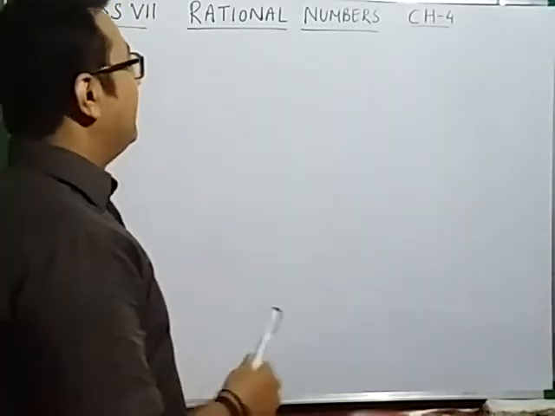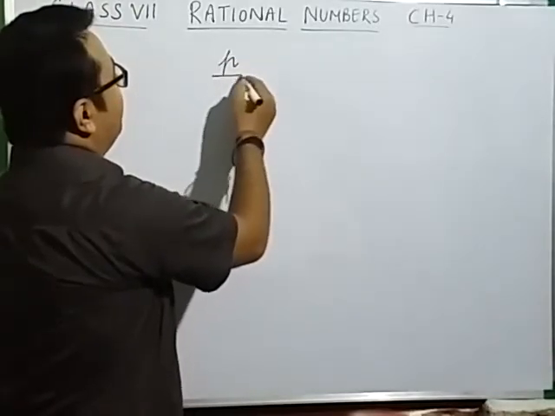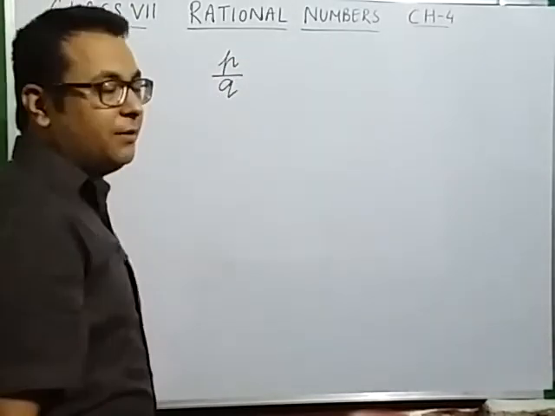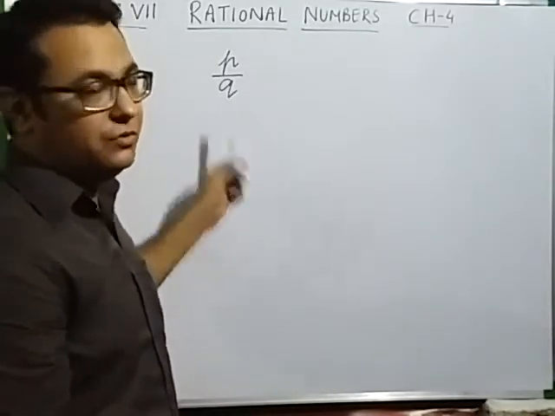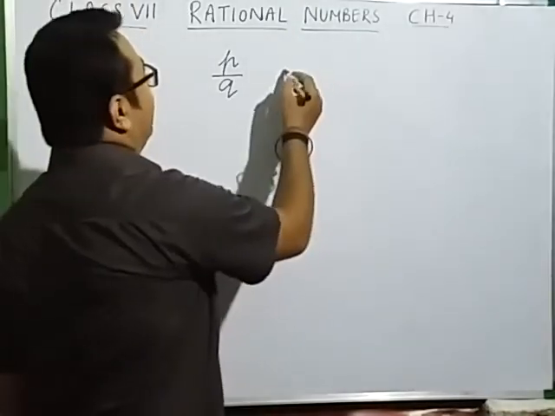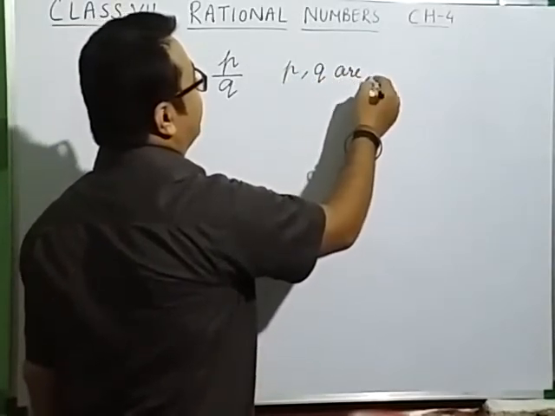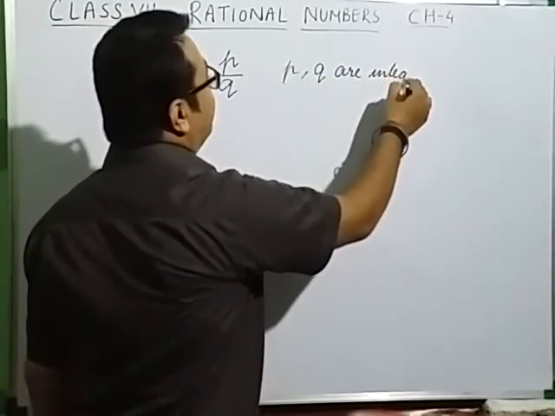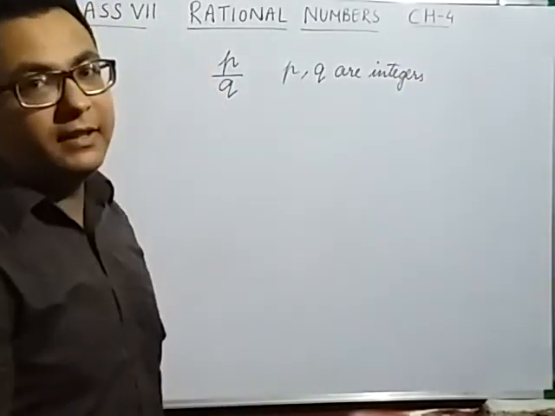Rational numbers are the numbers which can be expressed in the form of P upon Q, where P and Q are integers, that is, they can be positive as well as negative.